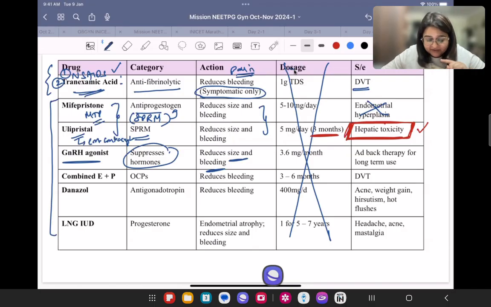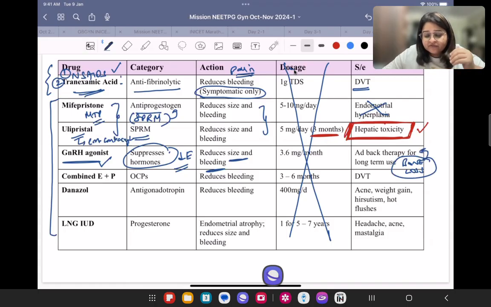The problem with GnRH agonist, example is leuprolide. And a problem with this is you cannot use it for a very long time because it sort of creates a state of pseudo menopause. It causes hypoestrogenism, and that leads to bone loss. So osteoporosis is a known complication with long-term use of GnRH agonist.